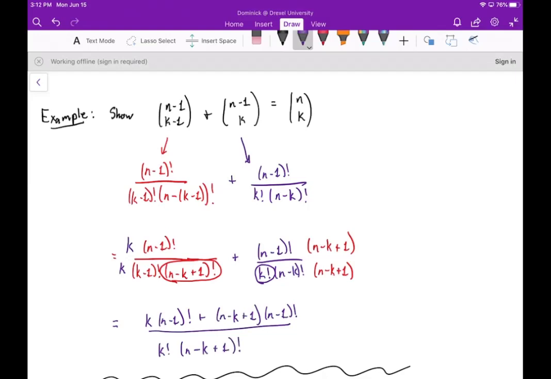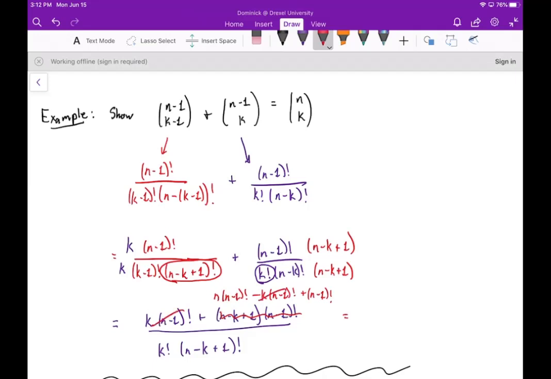Okay, well now, if we expand this out, this will give us an n times (n minus 1) factorial minus k times (n minus 1) factorial, and then plus an (n minus 1) factorial. So it looks like these two will cancel.